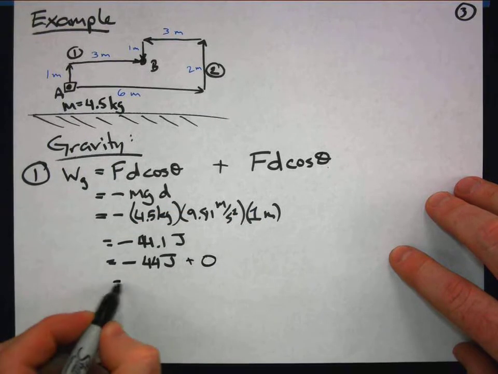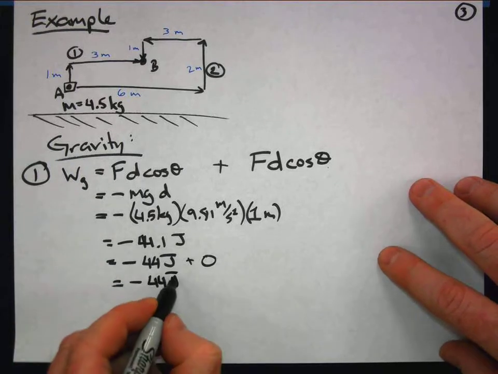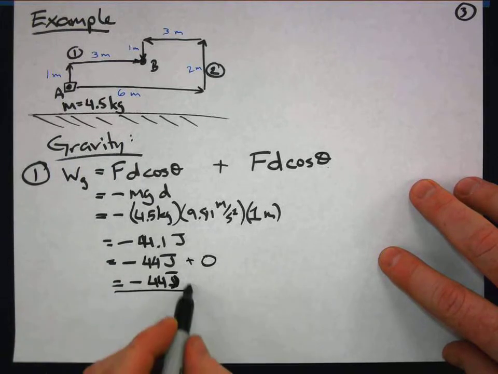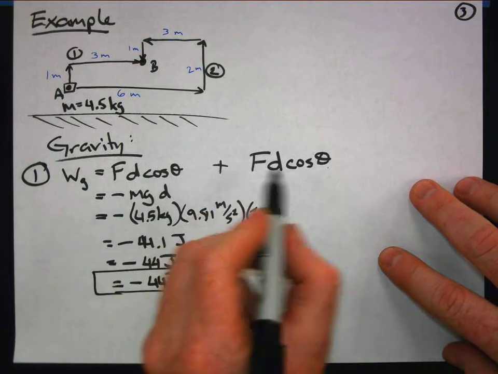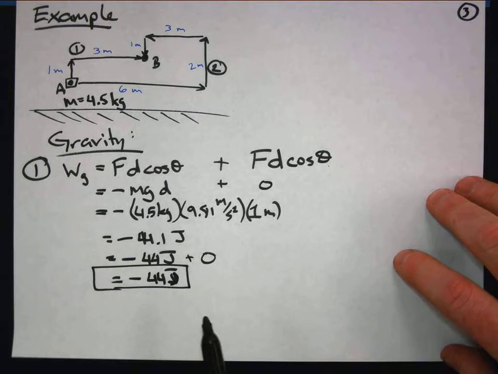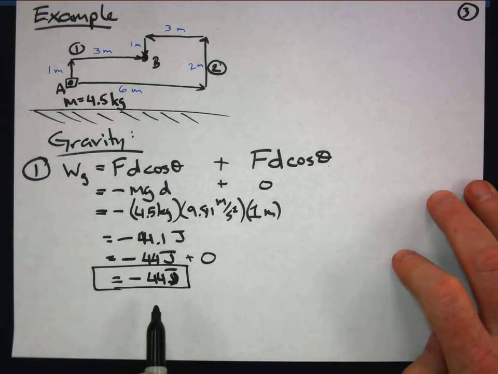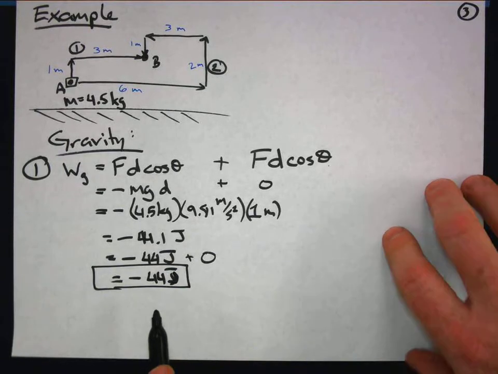And we have the amount of work done by gravity. Oops, that's supposed to be joules. Sorry about that. That whole thing goes to 0. Okay, so along pathway number 1, gravity is doing 44 joules of work.